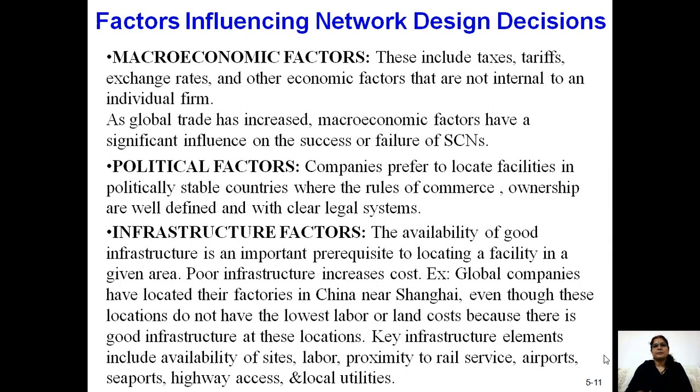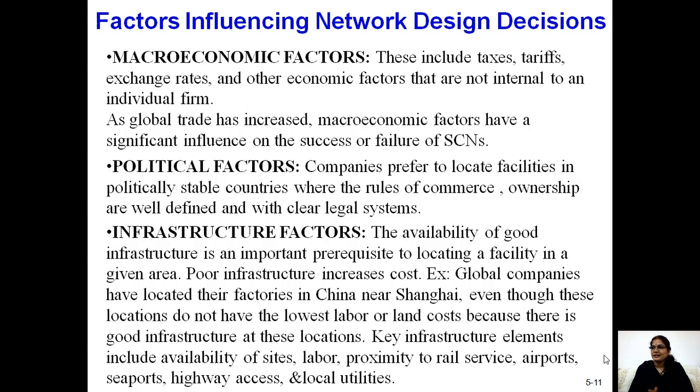Next is macroeconomic factors. These factors are external to the firm and governed by the governing bodies of the place where facilities are located. These include taxes, tariffs, exchange rates, etc. Soon after independence in India, when manufacturing started, trading was totally local in the sense raw materials had to be procured from places within India, manufacturing had to take place in India itself, and markets in India only had to be served.